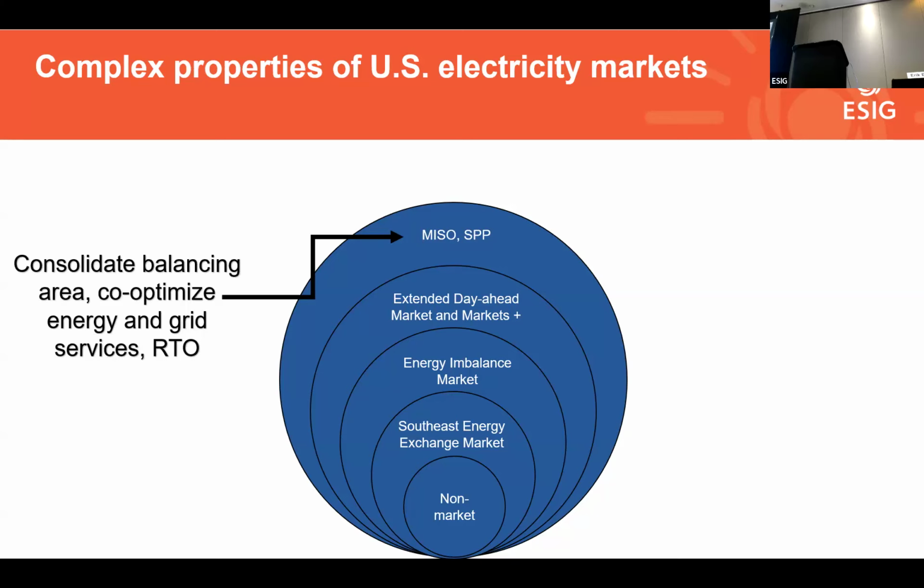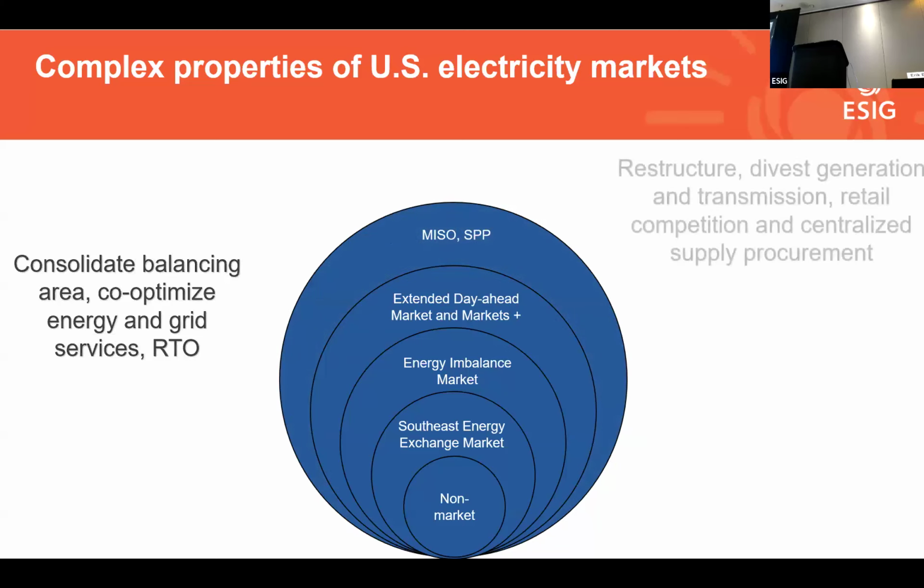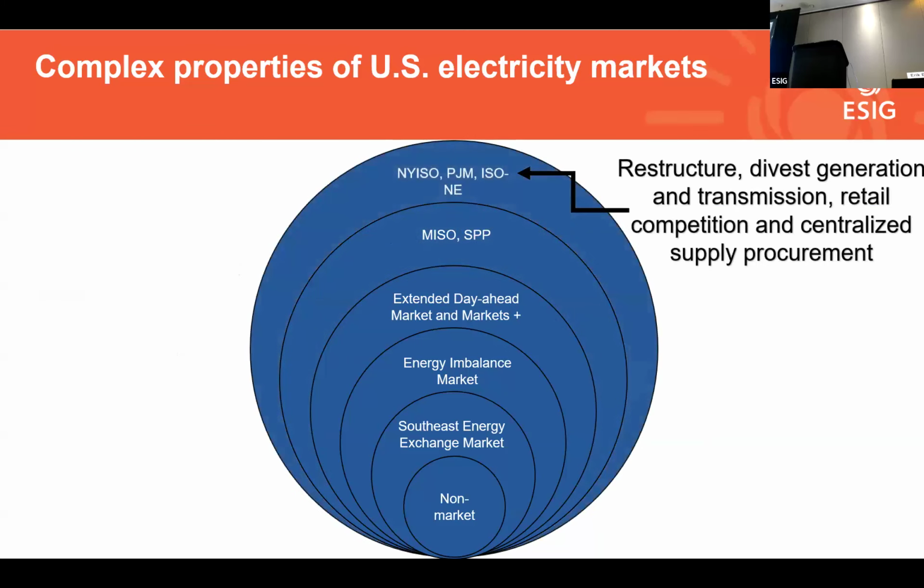And if I were to go one more layer up, similar to the last slide, I'm now adding that divesting from generation and transmission. We have the ISO RTO, we have restructuring, we have retail competition, and we have centralized procurement of supply resources, with markets functioning as a way to make some investment decisions.